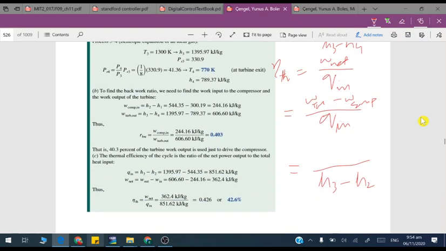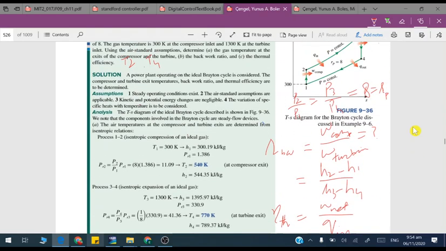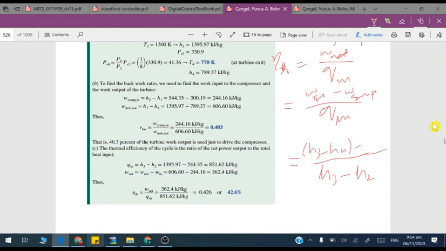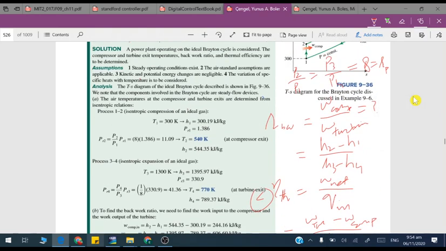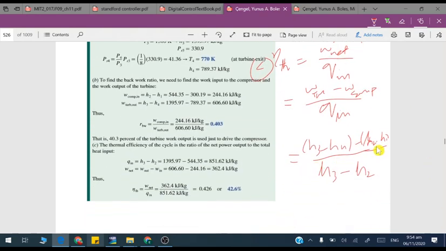So basically it will be H3 minus H4 minus the compressor work, and the compressor work was input because the compressor takes the input power, H2 minus H1. So here this was part C and this was part B. Parts C and B you can easily determine if you have H1, H2, H3, H4.